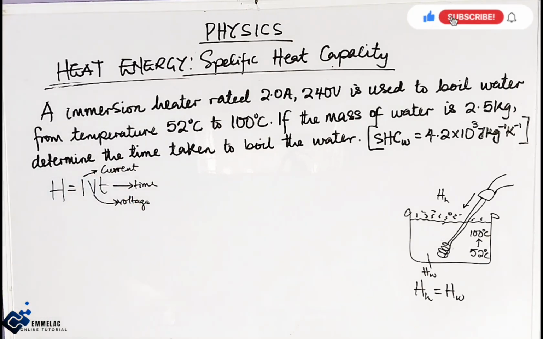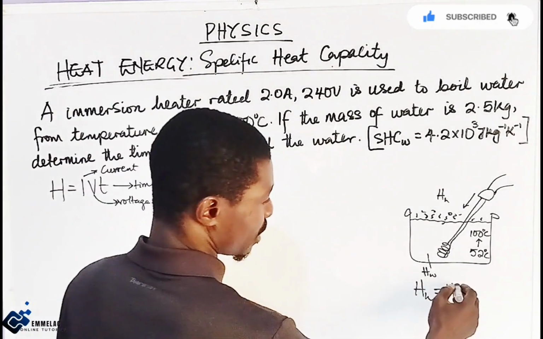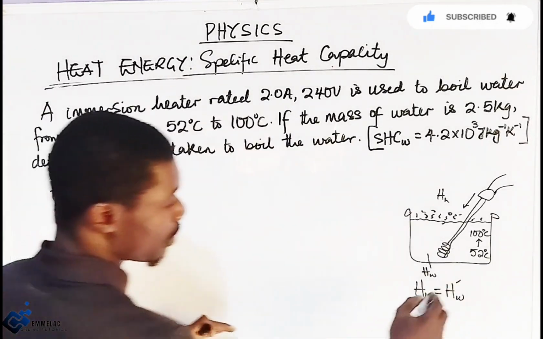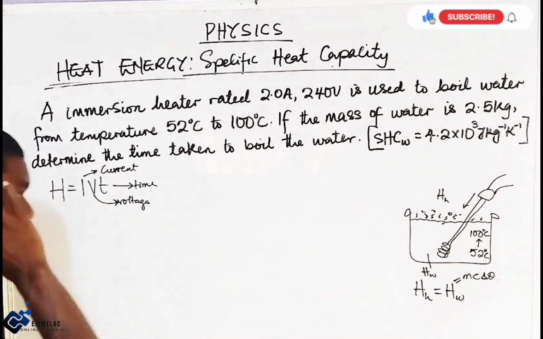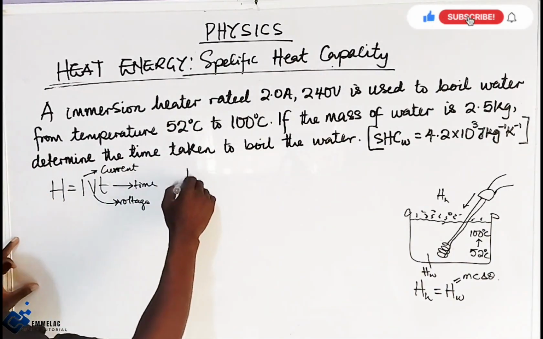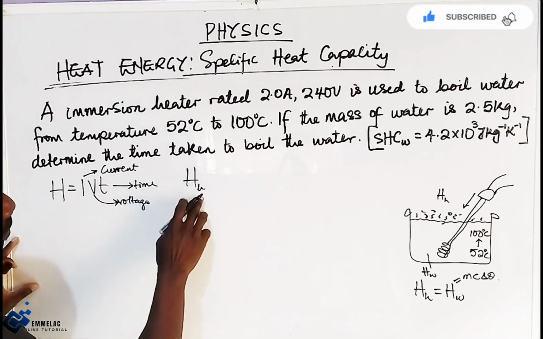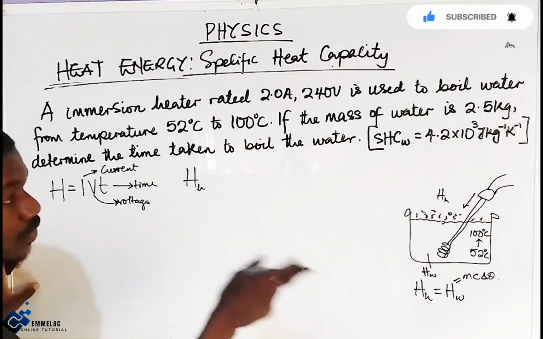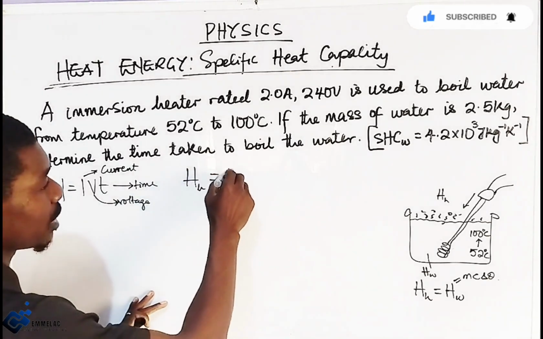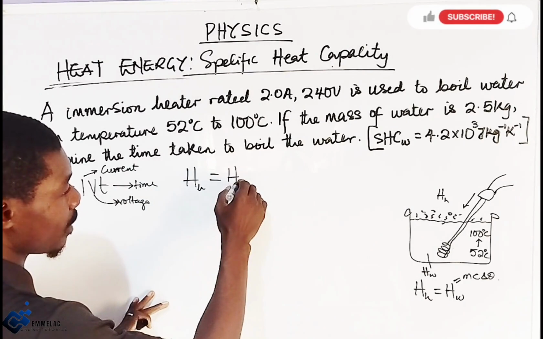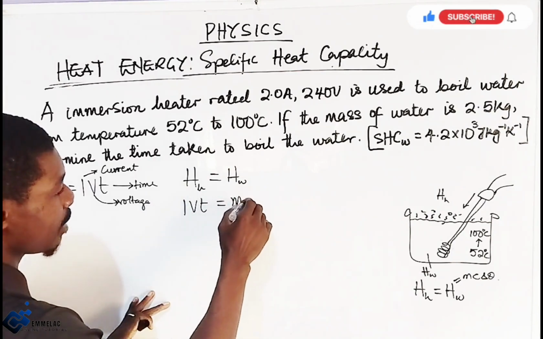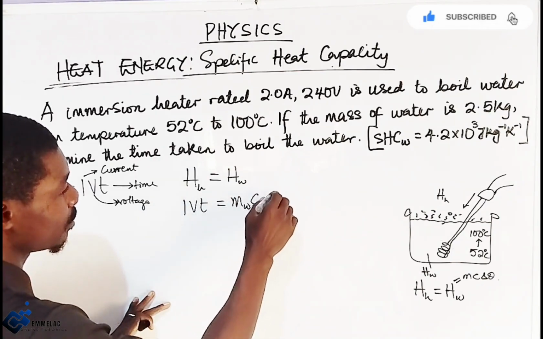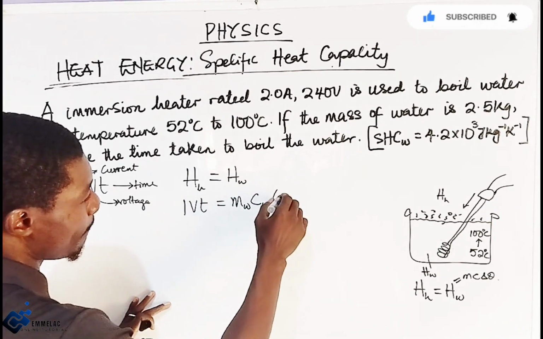So let us now equate, and the heat absorbed here is our normal MC times the change in temperature, theta. So H for the heater, the electric energy supplied by the heater, equals the energy absorbed by the water. So here we can say IVT equals MwCw times the change in temperature.